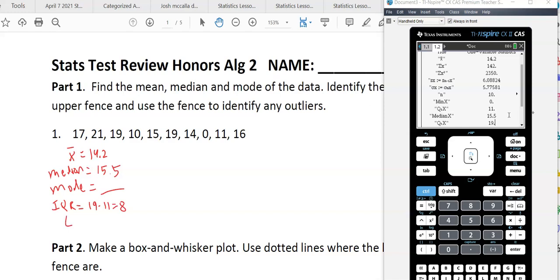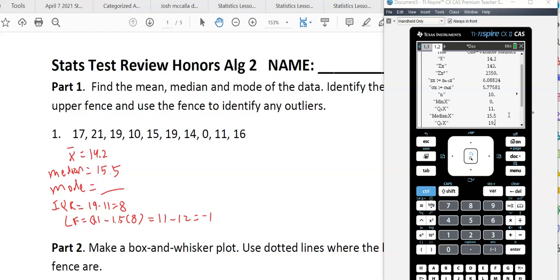So the lower fence formula is Q1 minus 1.5 IQRs. So that would be Q1, which is 11, minus 1.5 times 8 is 12. Wow, so lower fence is -1.